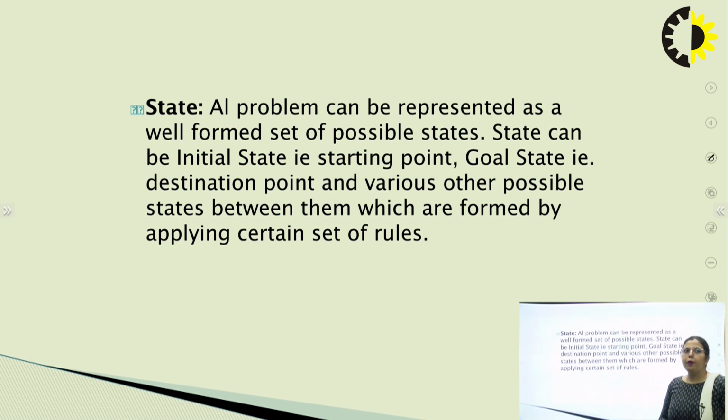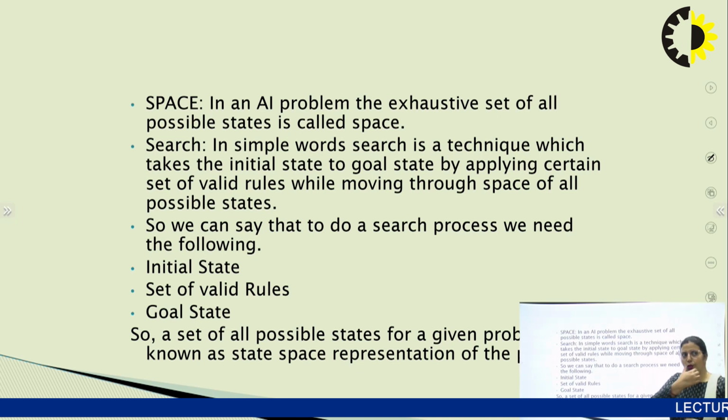An AI problem can be represented as a well-formed set of possible states. States can be the initial state, that is the starting point, the goal state, that is the destination point, or there are many possible intermediate states that need to be followed to reach the goal state. State I have already defined. Now another term is space. In an AI problem, the exhaustive set of all possible states is called space.